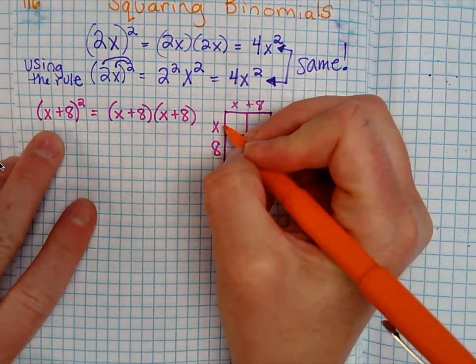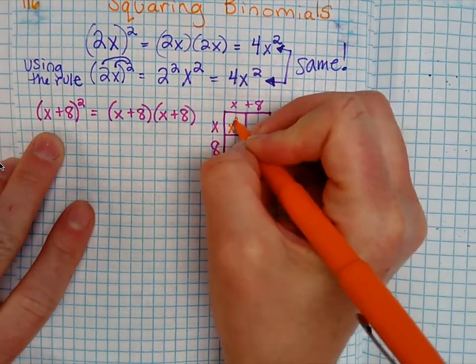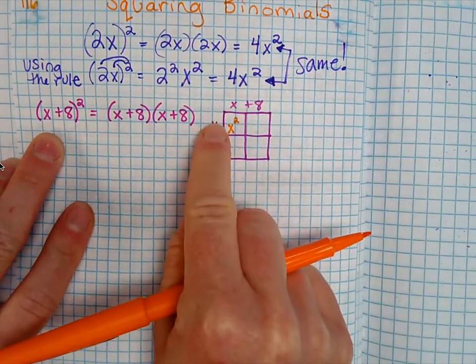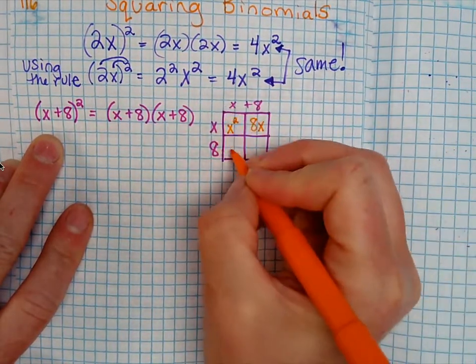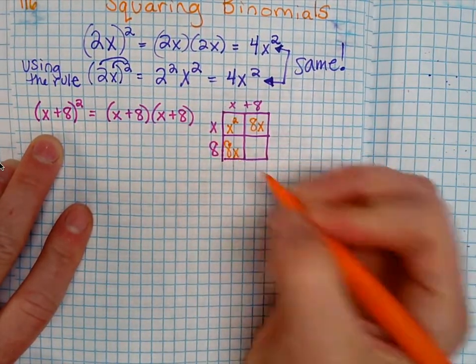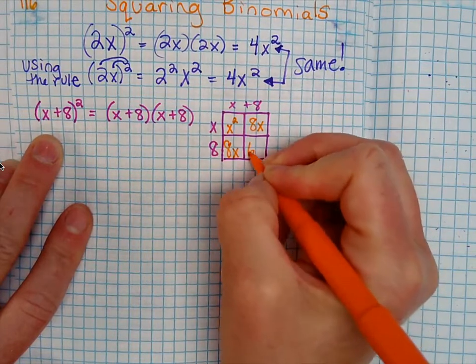So then when we multiply x times x is x squared. X times 8 is 8x. 8 times x is 8x. 8 times 8 is 64.